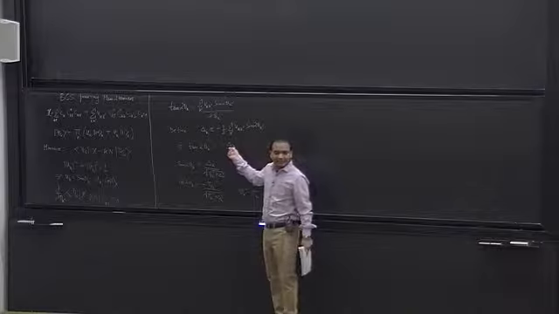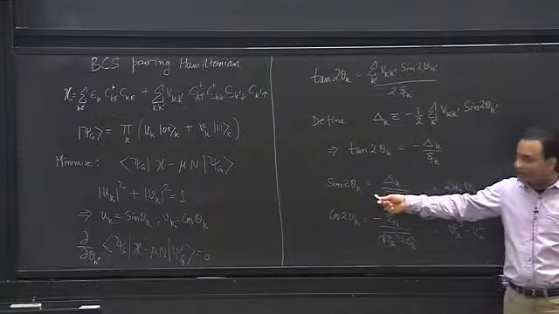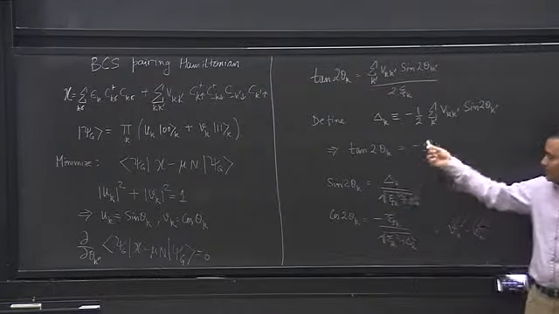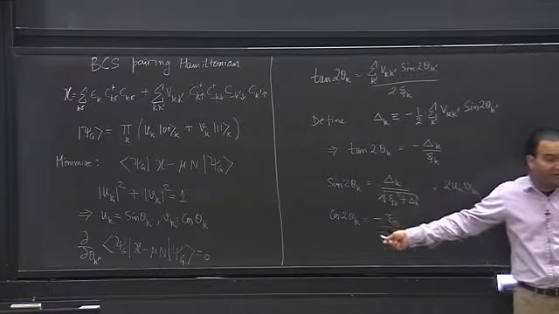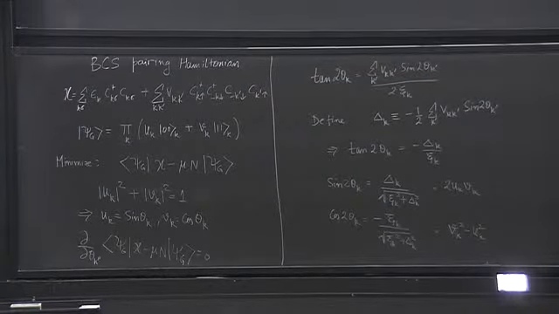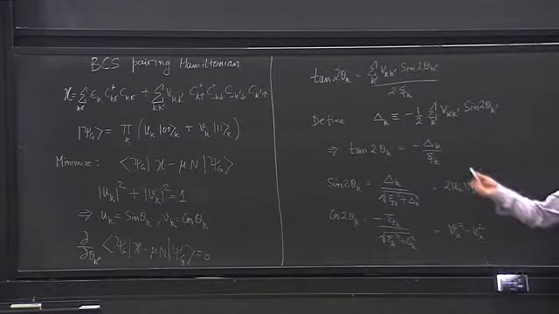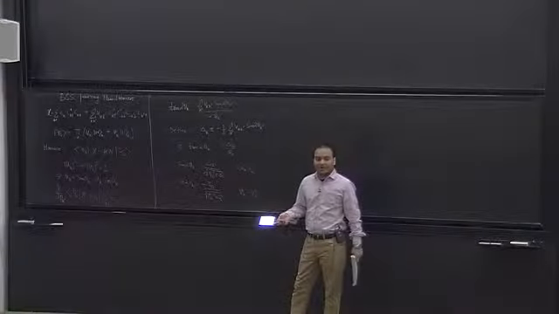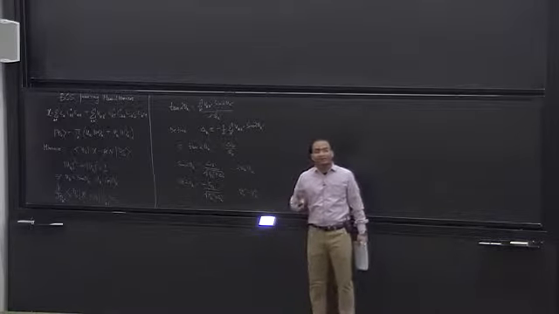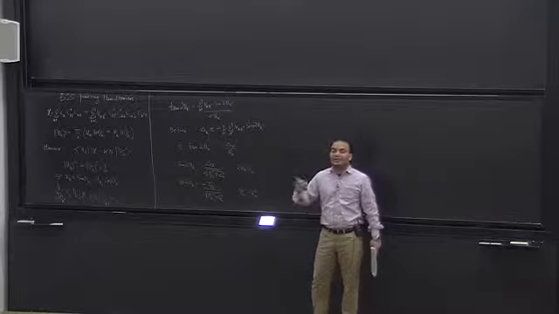Now this equation here is an equation for tangent with a minus sign. You can find out what sine and cosine are. Because there is a minus sign, you can choose this minus sign either in the sine or in the cosine. We choose it in the cosine because we expect that when k is very large, when this energy xi k is very large, vk should be 0. Because vk squared gives us the probability of the pair of states k up and minus k down being occupied.